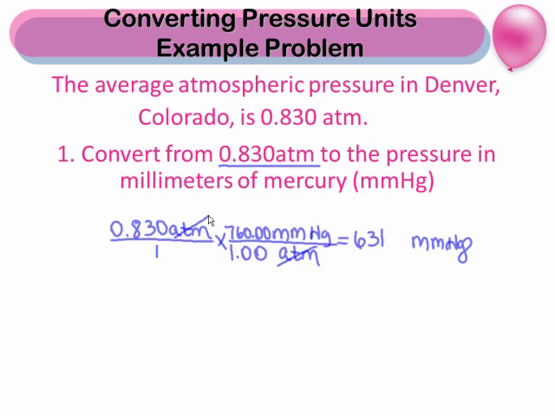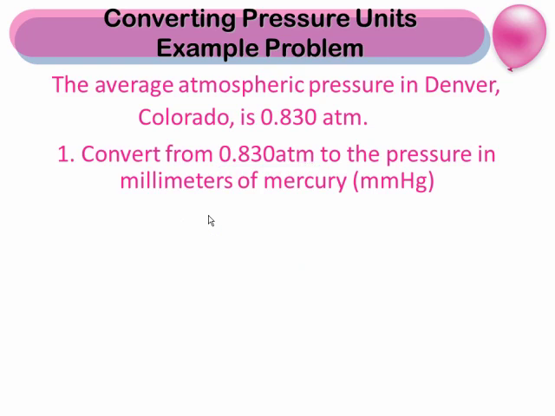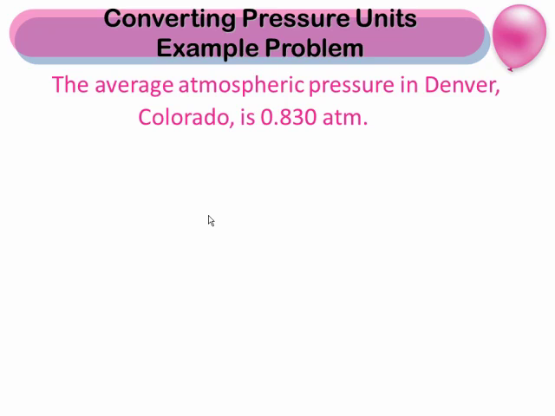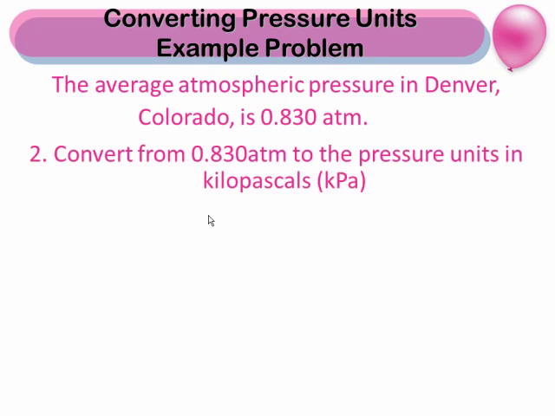All right. Let's look at a second problem. So I still have 0.830 atmospheres, but this time we want our answer to have units of kilopascals. So here's my given.